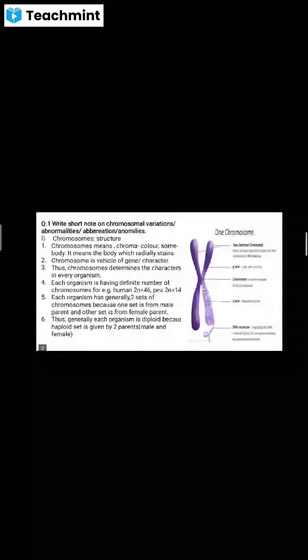Then each chromosome determines the characters of every organism. In any organism there is a particular set of chromosomes, and these sets determine all characters of that organism. For example, each organism has a particular chromosome number.